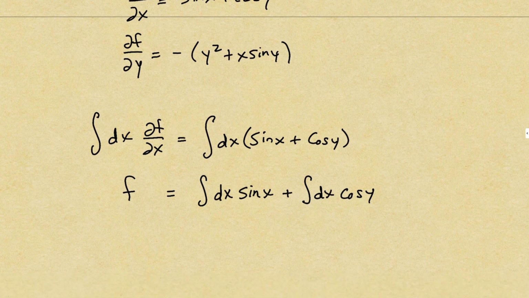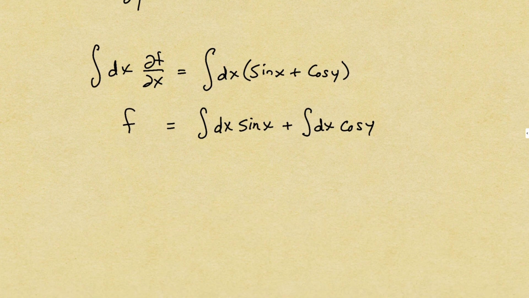So let's solve these. So first this is just f, right? So first with the first integral here, the integral of just sine x we know is a minus cosine x. And then plus, what is the integral of cosine y with respect to x? Well, cosine y is a constant with respect to x. Therefore, we end up just getting an x tacked onto it.